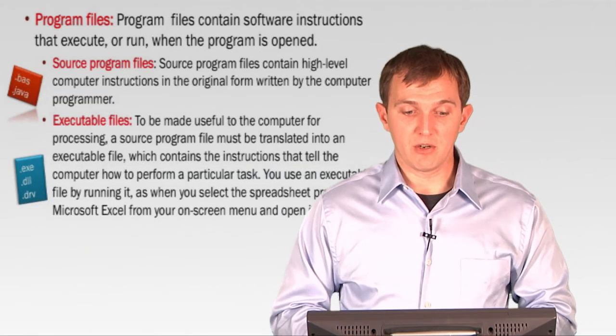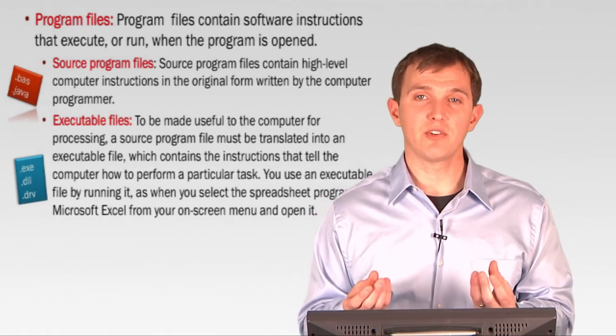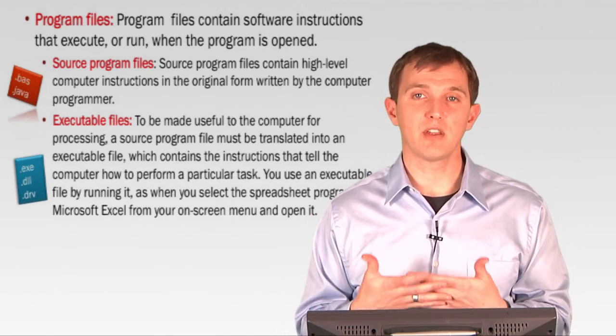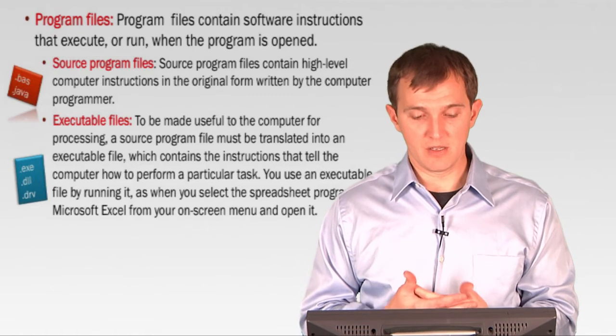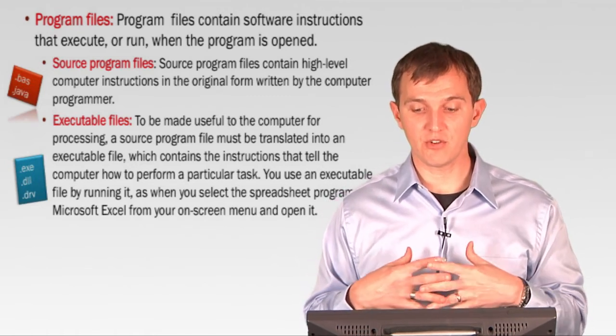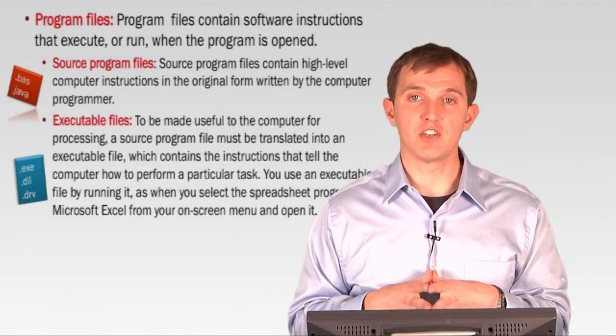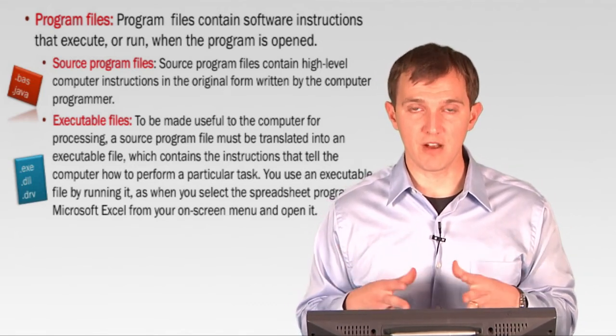Some of those file types are program files. As I said before, those are different types of files that are supposed to work with different applications, different programs. And then there's source program files that contain high-level computer instructions in the form written by the computer programmer. And the best example of this is .java, as I'm sure you've heard of Java.